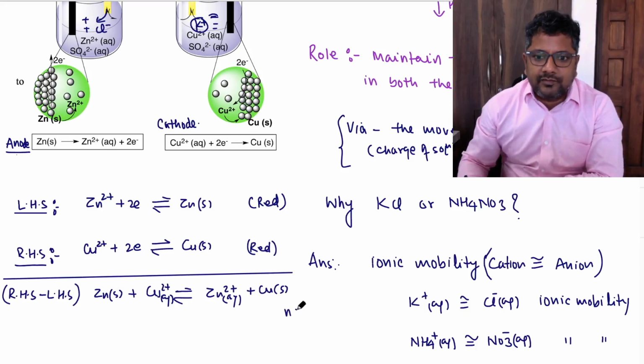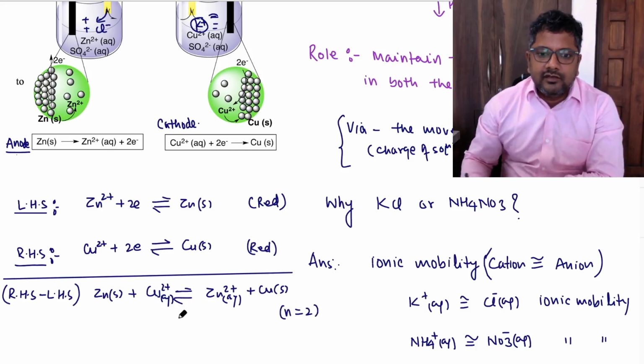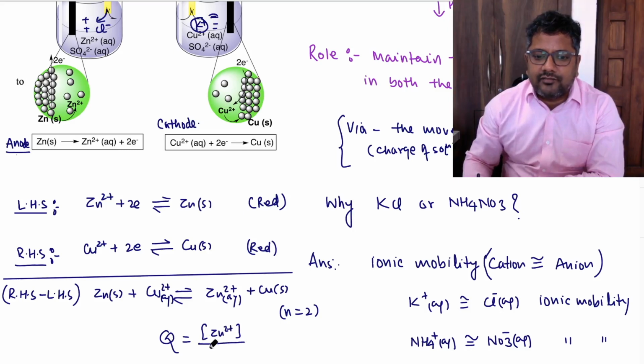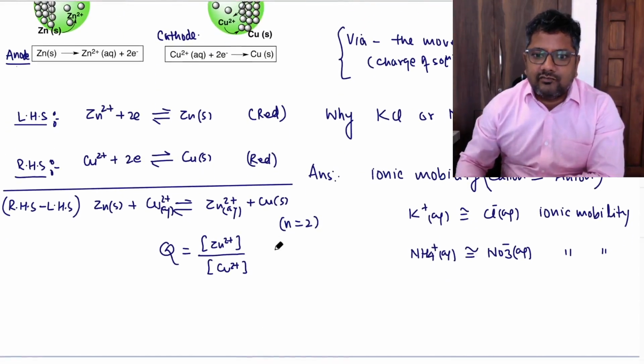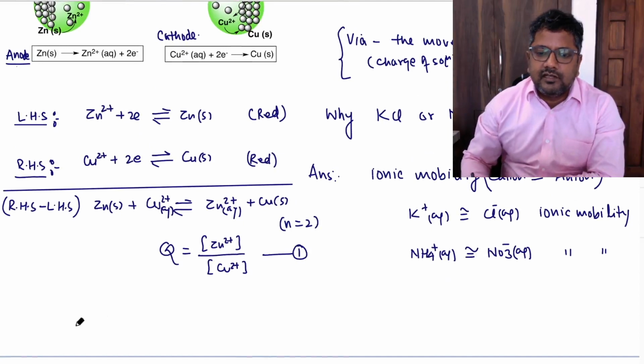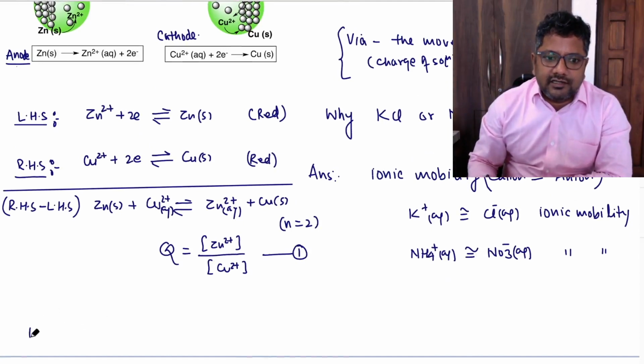What is the value of n here? 2. What is the value of Q here? Q is equal to concentration of Zn2 plus by concentration of Cu2 plus, right? This is equation 1. Now what is the EMF of this cell?